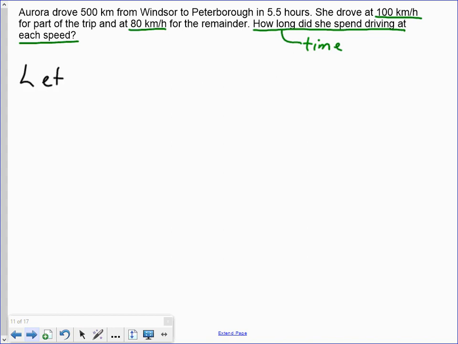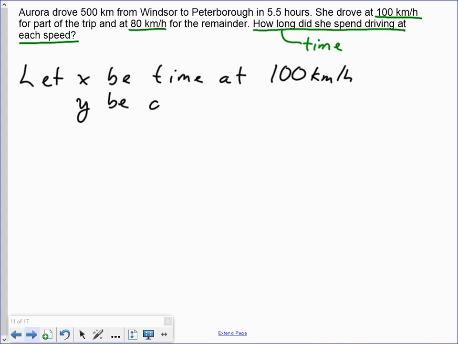We're going to let x be the time at our first part here, 100 kilometers per hour. And we're going to let y be the time that she spent driving in the second part of the trip at 80 kilometers per hour.